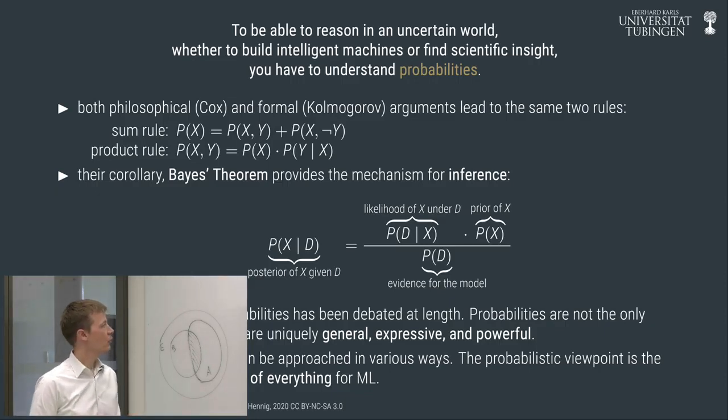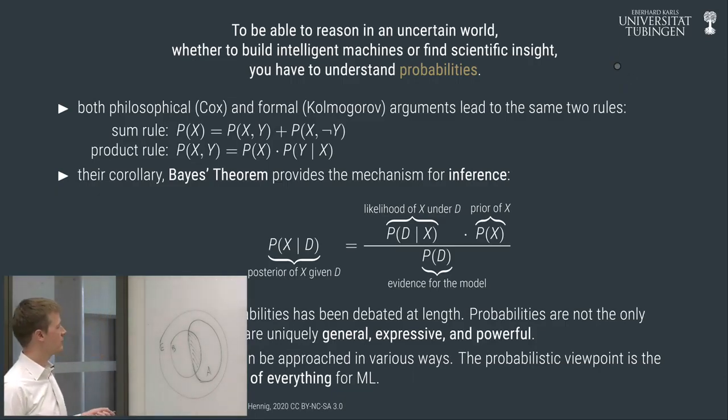In doing so, we also arrived at two elementary rules of probability theory, the sum rule and the product rule.